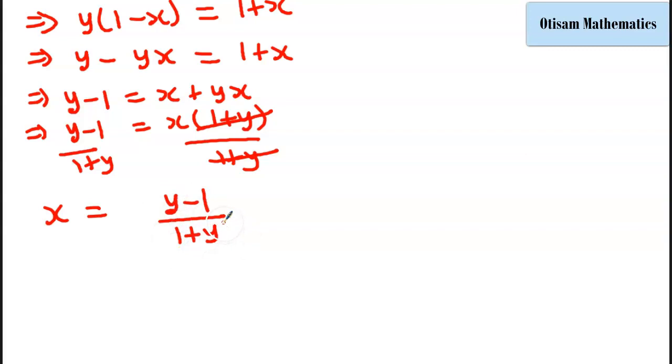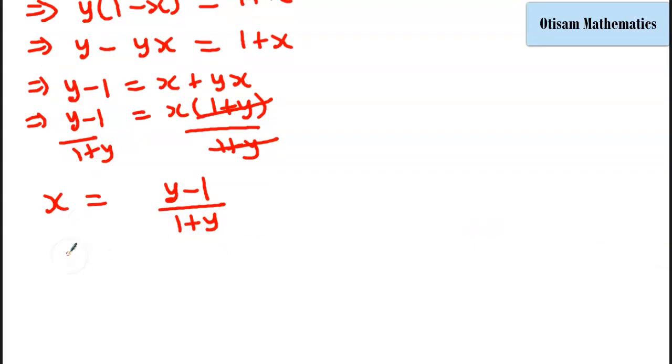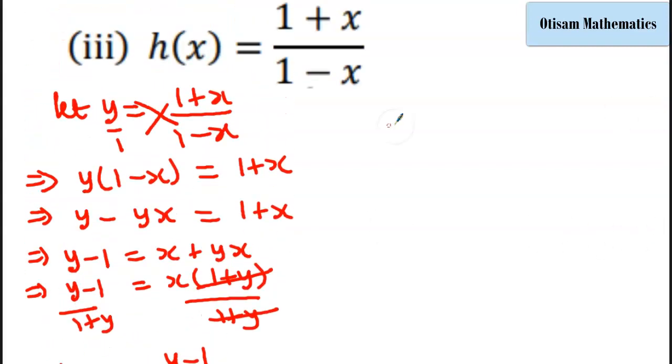Now for a rational function not to exist, the denominator must be equal to 0. If that is the case, 1 plus y is equal to 0, which means that y will be equal to minus 1. So how do we write the range?